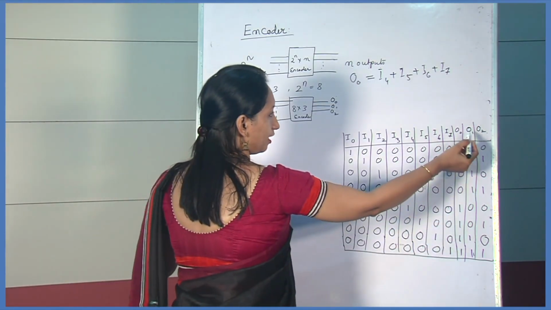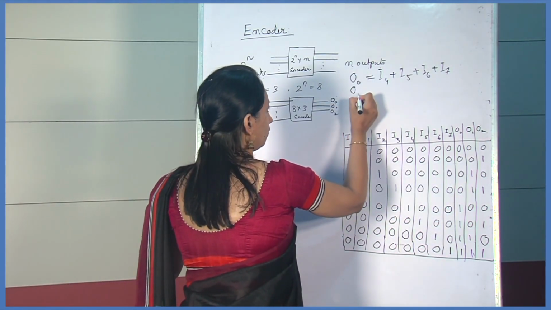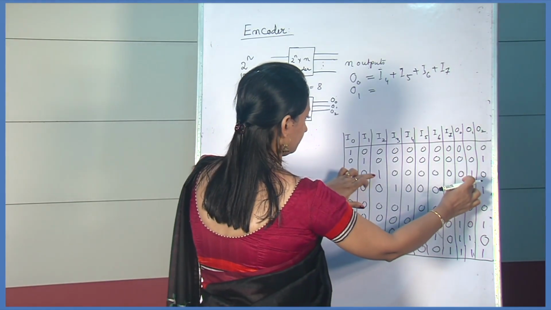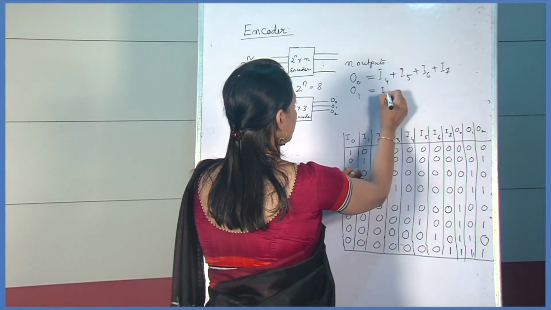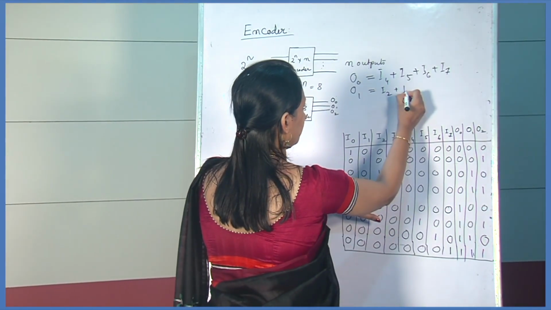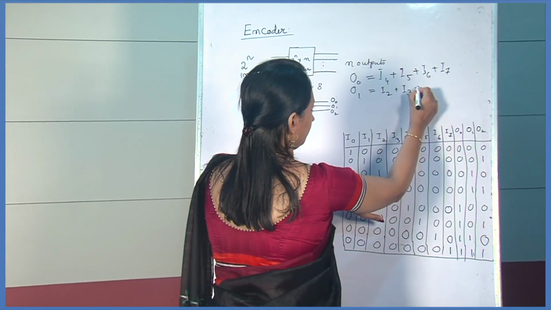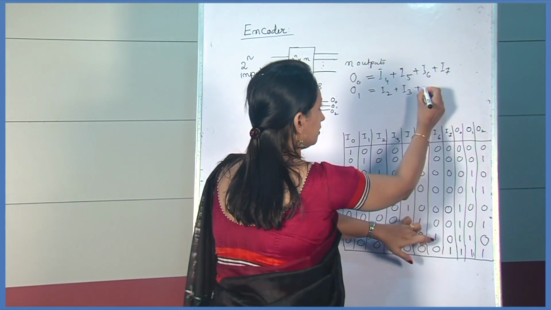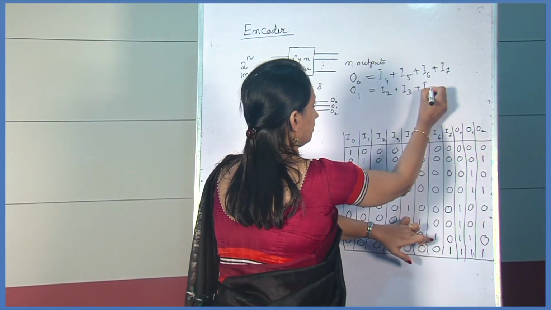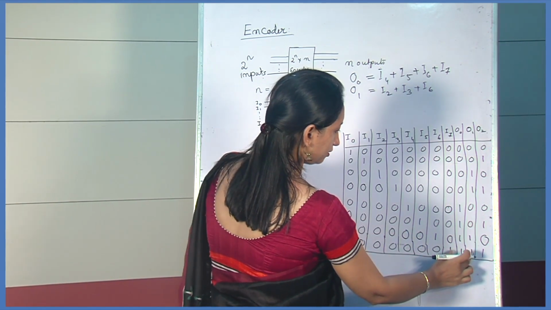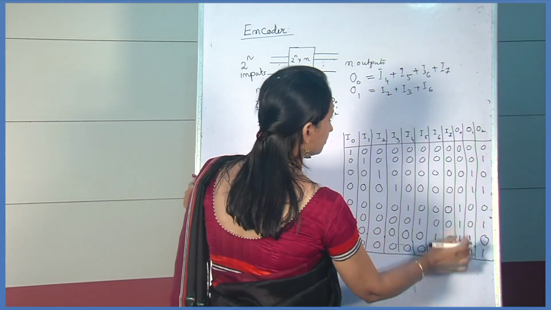Then for the next output O1, when this output is high, first I2 plus I3 plus I6, and for the last combination it is I7.